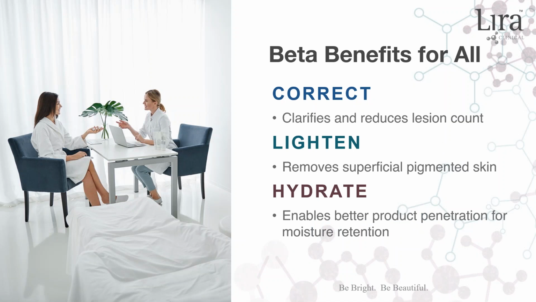So for those of you that are performing our 3D Smart Peel series, you know that our correct step is going to be the Sal Pulp treatment, helping to clarify and reduce that lesion count, whether those lesions are going to be actual acneic lesions or possibly your fine lines and wrinkles, or you're looking at specific pigmented areas on the skin. Lighten with removing that superficial pigmented skin. We are targeting both acne and now our pigmentation.